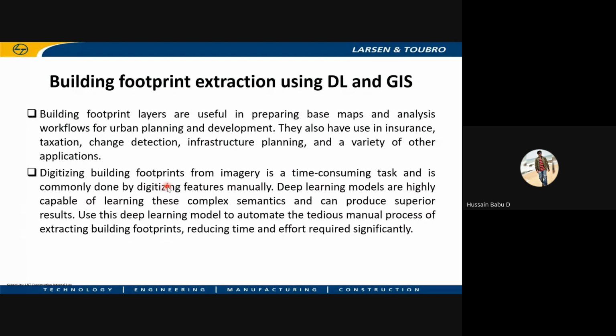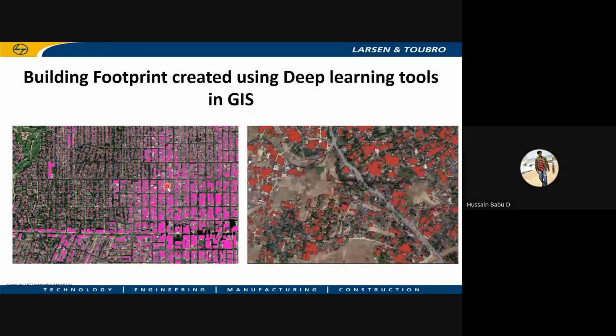For that, people used to manually digitize the building footprints, but with recent developments in deep learning, we can extract the building footprints from satellite imagery or our survey imagery. As I showed, when doing the aerial survey, we also capture the imagery. Based on that imagery, with deep learning technology, we can extract the building footprints, and a person manually goes and collects the information about each building.